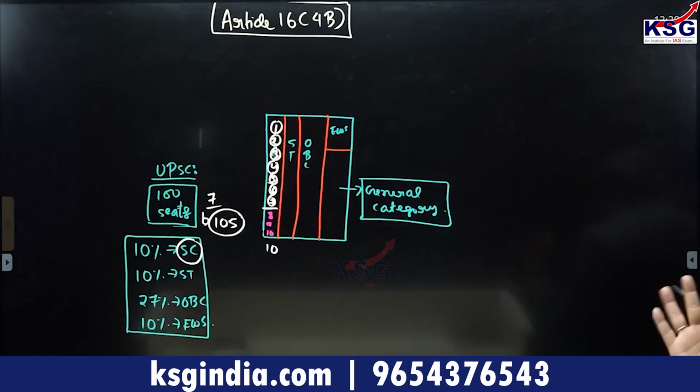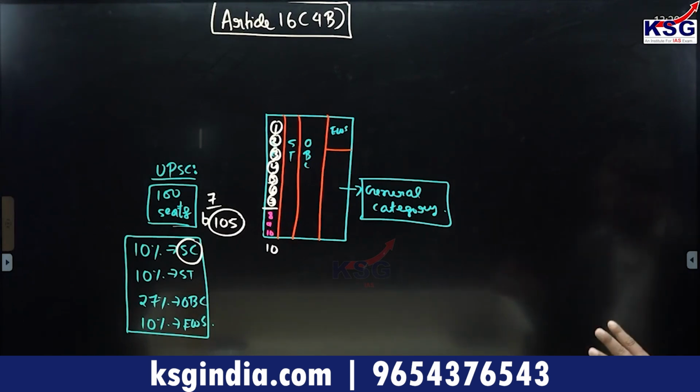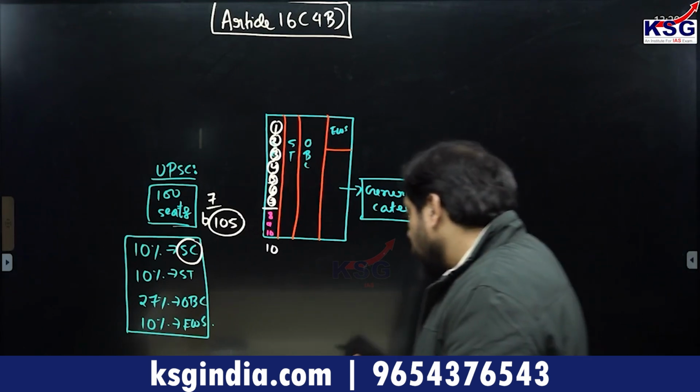Do we understand this? Please, class, take a look at this. Only 7 people could touch the cutoff of 105, and 3 seats were left vacant.